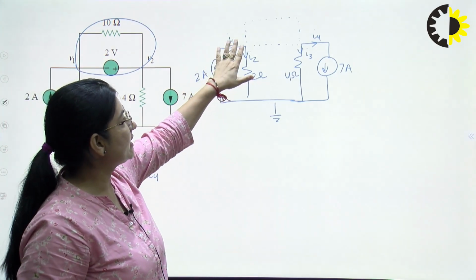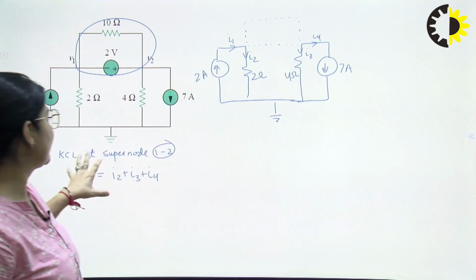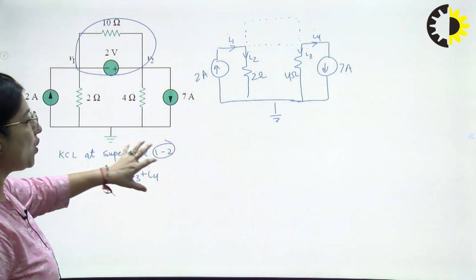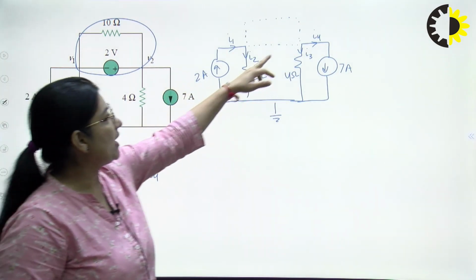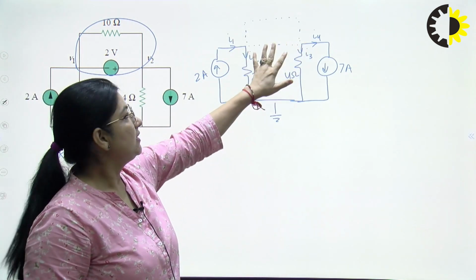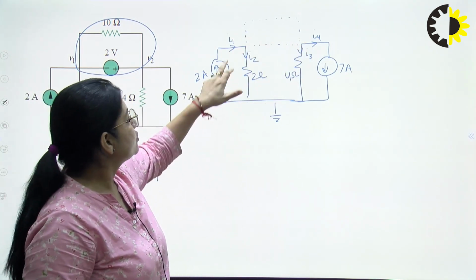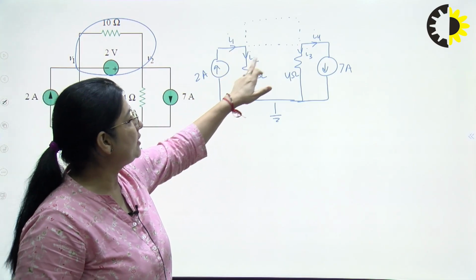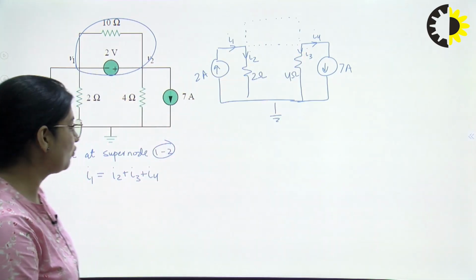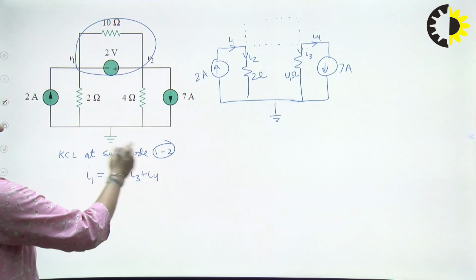Whatever currents are there at node 1 and node 2, we will apply KCL altogether to all these currents. So I1, I2, I3 and I4, 4 currents are there all together at node 1 and 2. So I1 is the incoming current, while I2, I3 and I4 all are outgoing currents. So KCL at supernode 1 and 2.